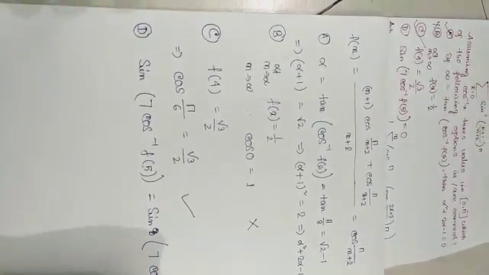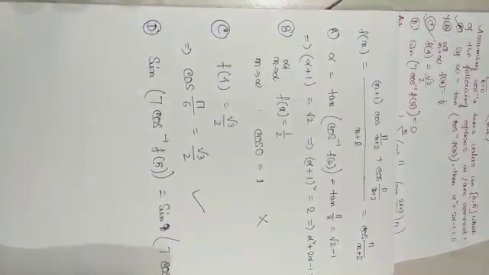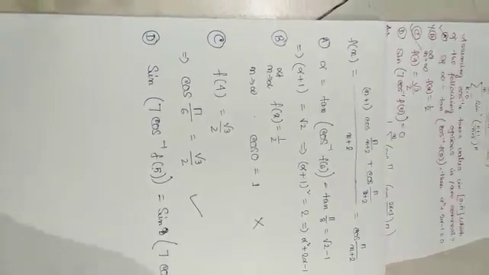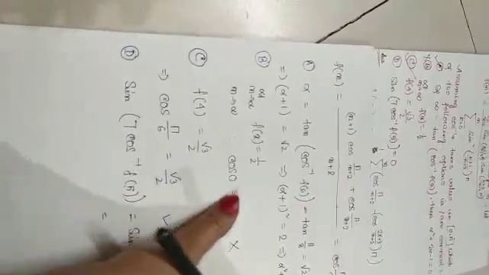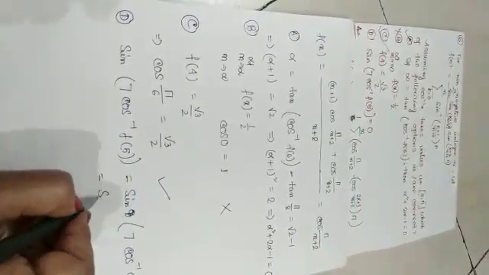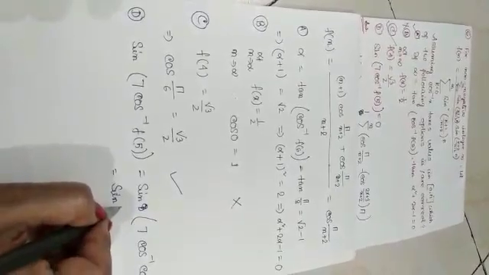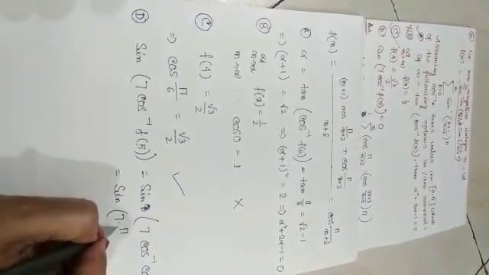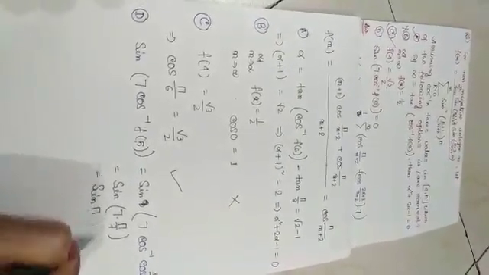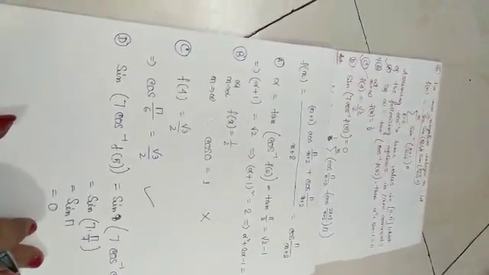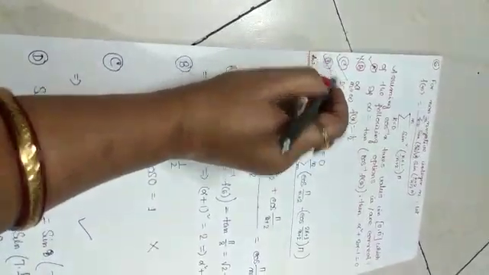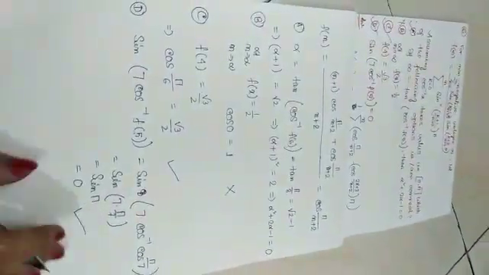That is equal to sine of 7 into pi by 7, that is equal to sine of pi, that is equal to 0. Therefore option D, the sine is equal to 0, this is right, and this is our correct option.